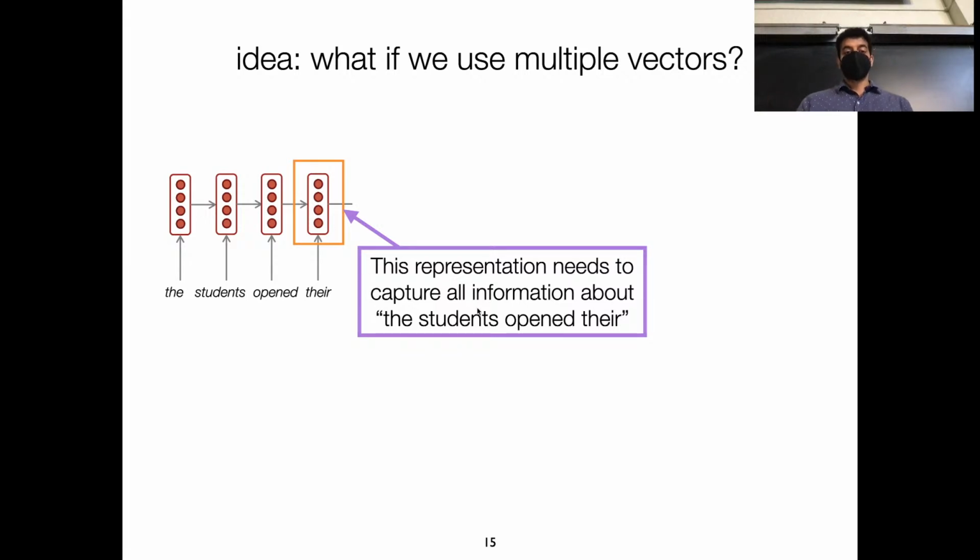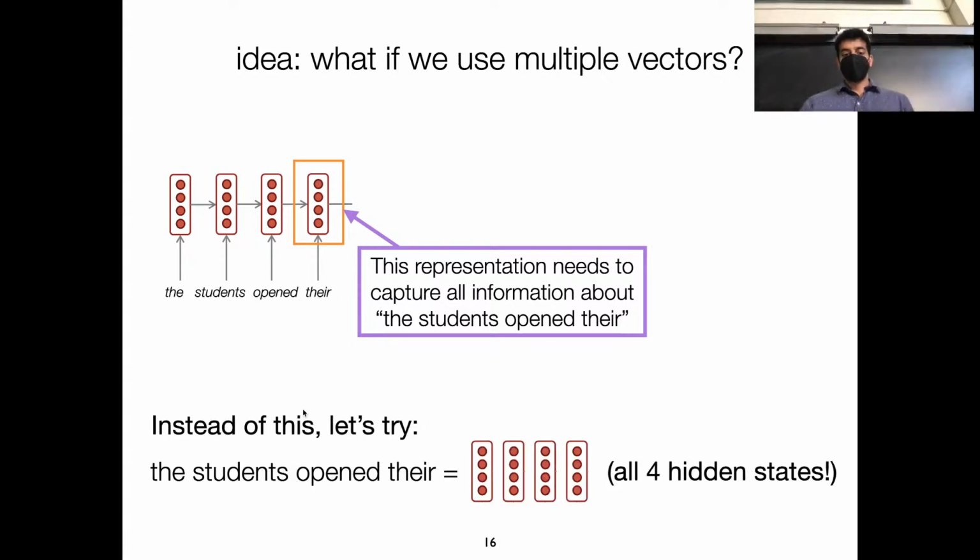So instead of having this final vector encoding everything about the students open there, let's just have all four of these token level hidden representations be used before we compute the prediction of the next word. So we can distribute the information and not force this last vector to contain every possible relevant piece of information.